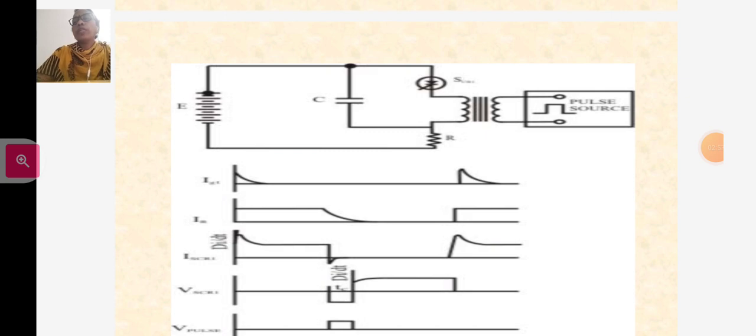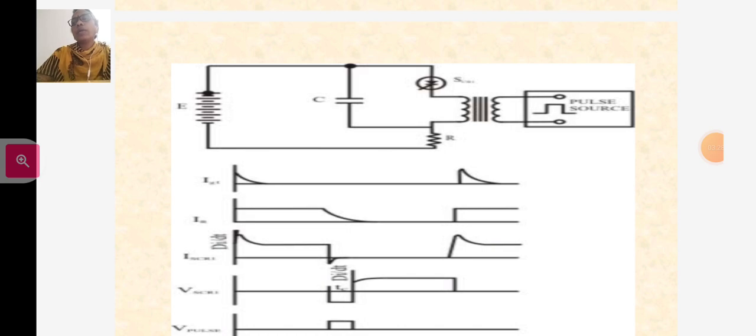When the commutation of thyristor T1 is desired, the capacitor voltage is reduced to 1 volt and a high frequency pulse of voltage V, the source voltage, here it is E, is applied from the pulse generating transformer primary, which in turn induces a voltage at its secondary.